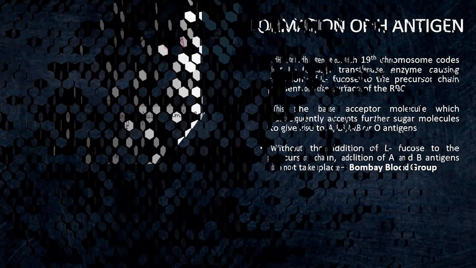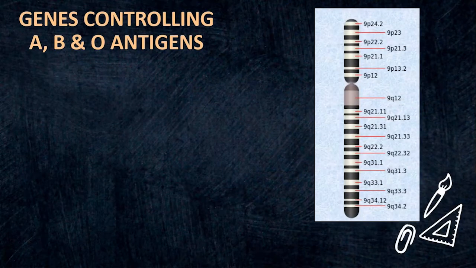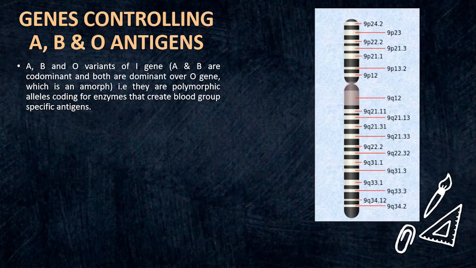So what is causing the addition of sugars to the precursor molecule or the H antigen base? Before that, we need to understand the gene which is controlling the expression of the ABO blood group.